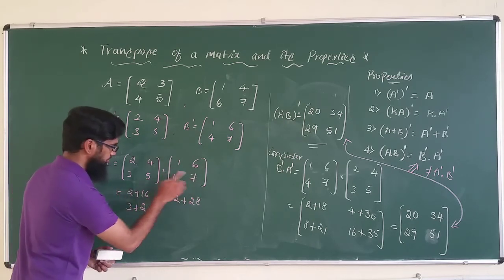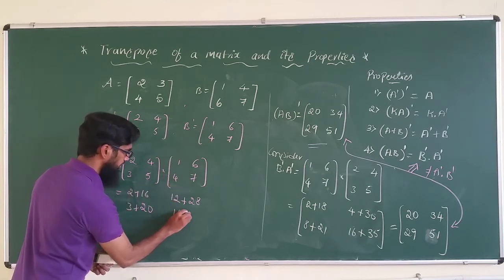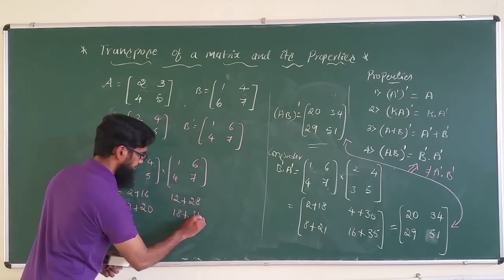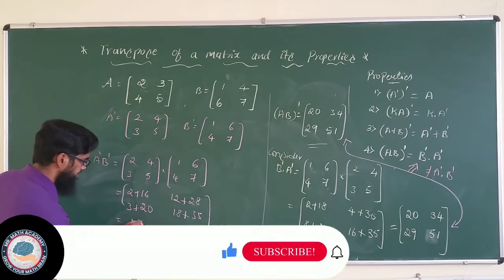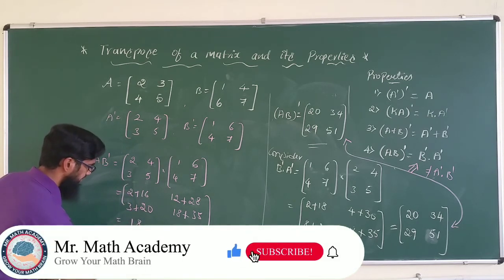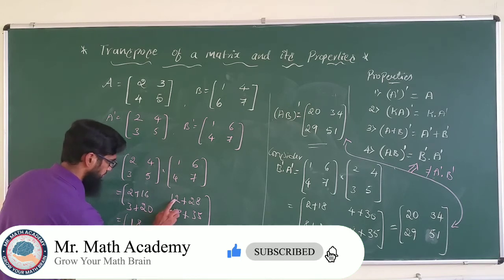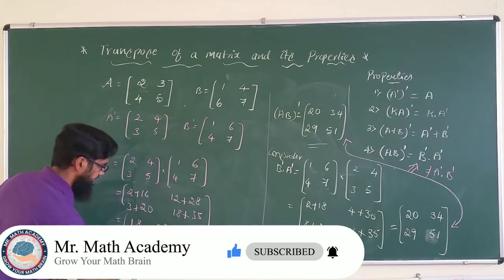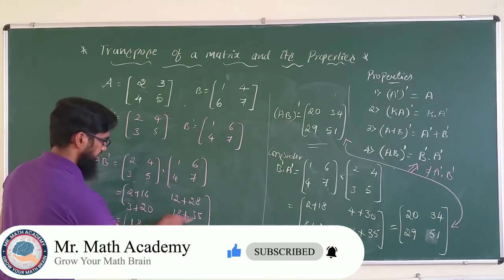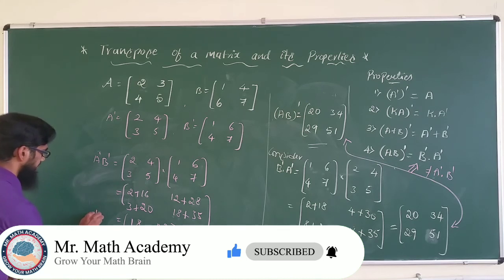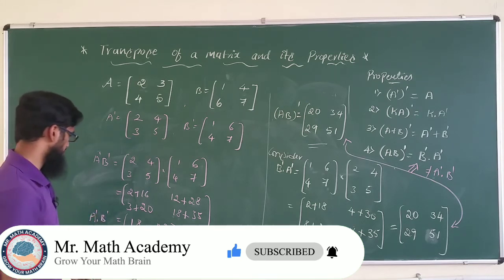Second row with second column: 3 6s are 18 plus 5 7s are 35. So, what is the matrix I am getting here? It is 18, 23, so this becomes 30, 40, 48, 53. So, this is A transpose into B transpose.